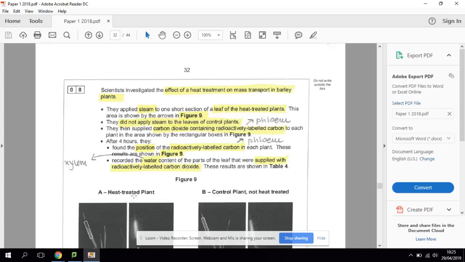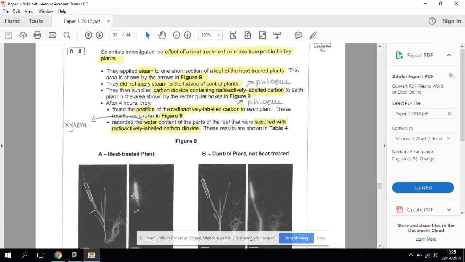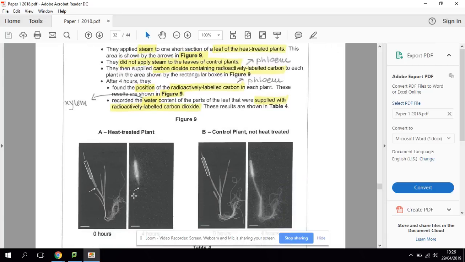Okay, and here they recorded the water content, and then they were looking at the carbon. So anything to do with the water is xylem. Anything to do with carbon is then phloem.